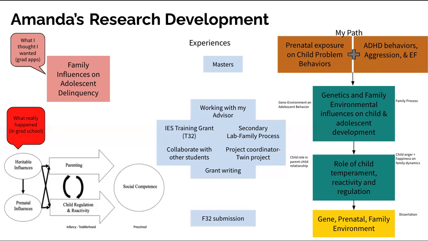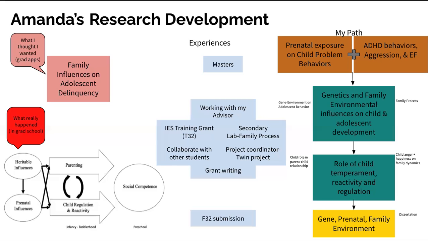But basically, I got into my PhD program, and I focused on working with my advisor the first couple of years. In that period of time, I really focused on the genetics and family environment on adolescent outcomes and behavior. I got involved in a secondary lab at Penn State. In developmental psych, you do a secondary lab.